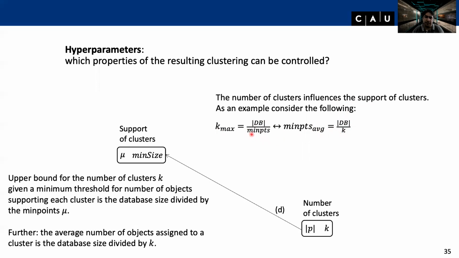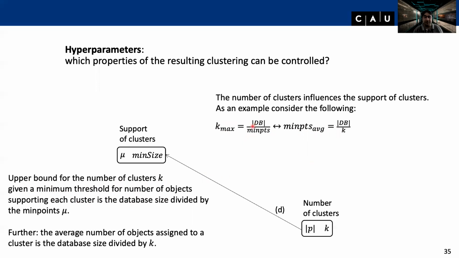So if I say I wish to have a lot of min points per cluster, then of course I will have fewer clusters K. On the other hand, if I say I want to have a lot of clusters K, I will have fewer average min points per cluster. So an upper bound for the number of clusters K, given a minimum threshold for a number of objects supporting each cluster, is the database size.